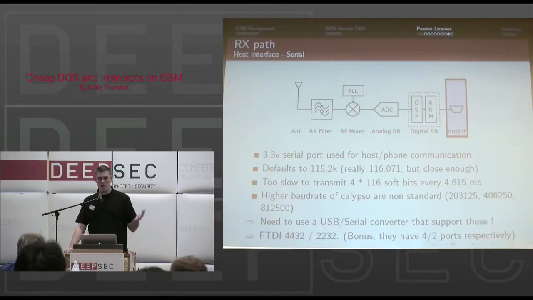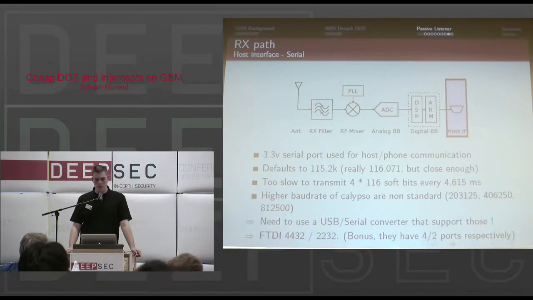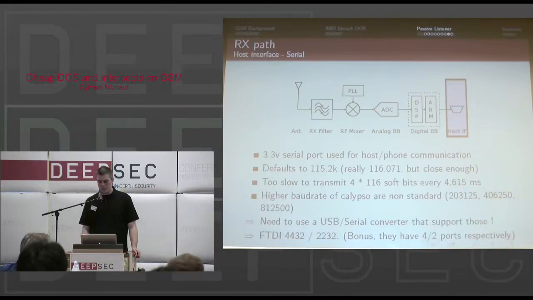We can just increase the baud rate. The only complication is that the standard cable that everyone uses is based around the PL2303 USB to serial controller, and that controller doesn't support non-standard baud rates, so we have to use the FTDI ones. It's slightly less practical because it looks like that, but yeah. It's still very cheap, and the advantage is we get 4 serial ports in one board, so we can control 4 phones at once if we wanted to.